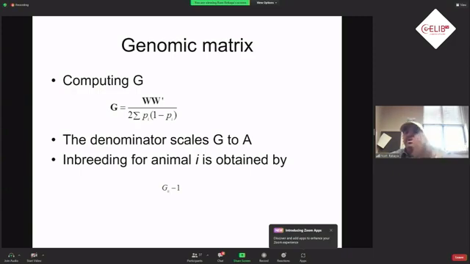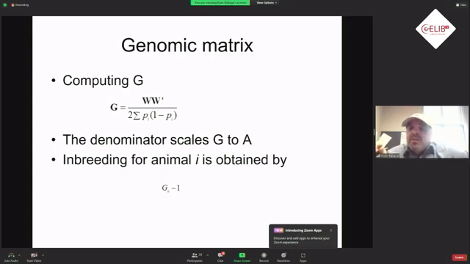Again, similarly to the A matrix, the average relationship matrix, once you compute the genomic relationship matrix G, if you take the diagonal elements and deviate them from 1, what remains is the so-called genomic inbreeding. Remember, when we use the pedigree and compute A, the diagonal element of A can be different from 1.